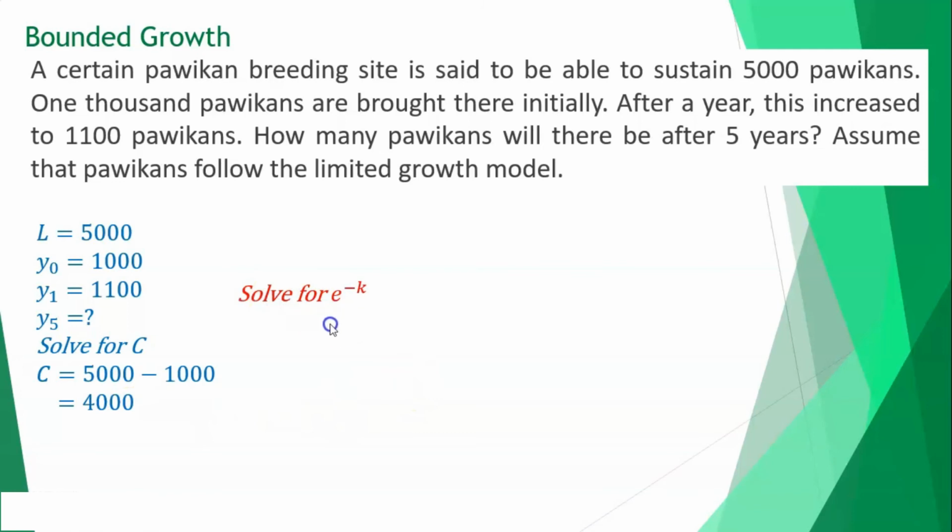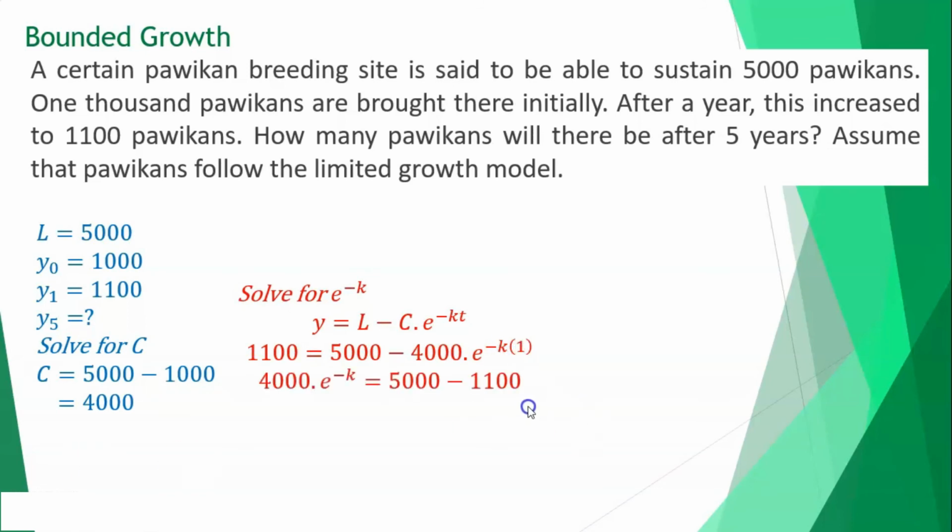So, solve for e to the power of negative k. Take note, our equation is y is equal to L minus c times e to the power of negative kt. After 1 year, that's 1,100, carrying capacity is 5,000, our c is 4,000 times e to the power of negative k, with time 1.